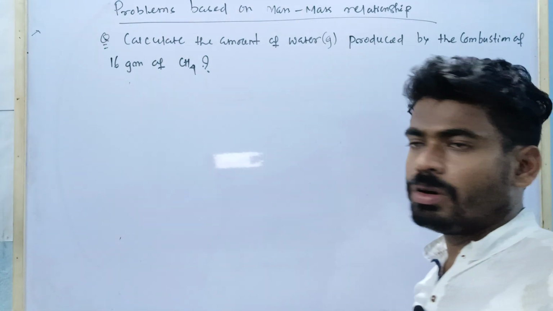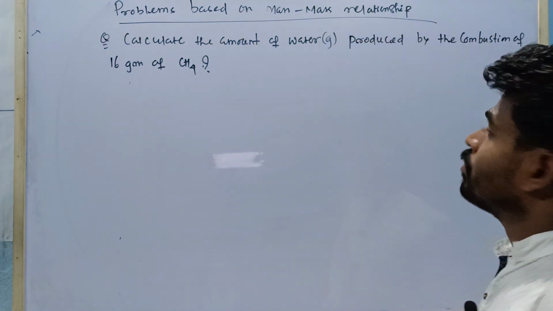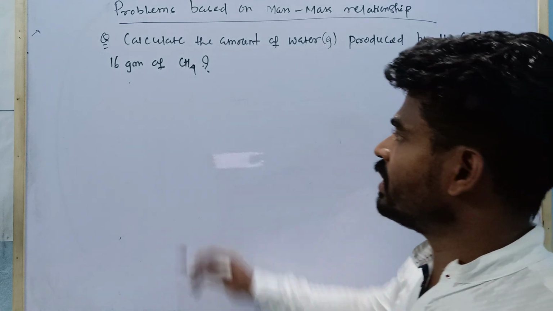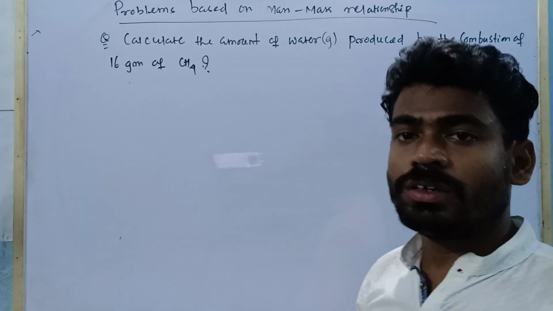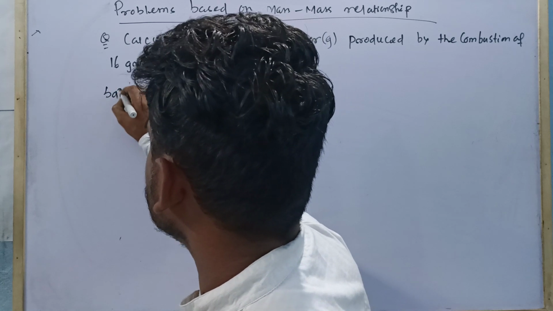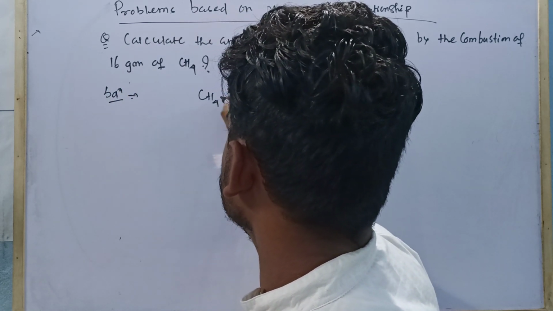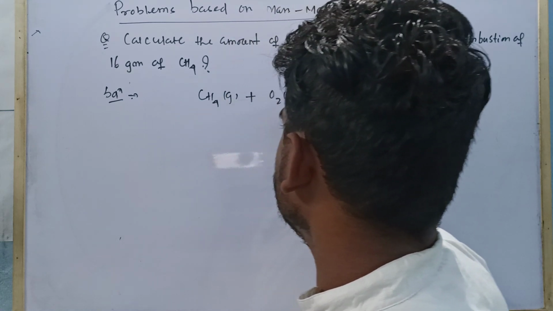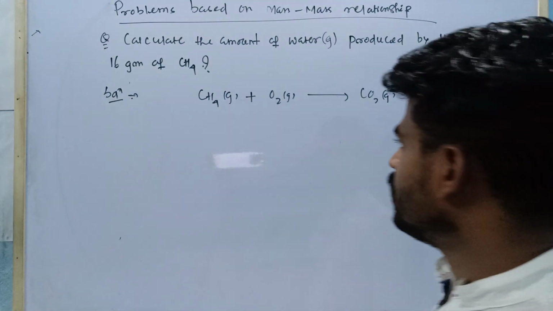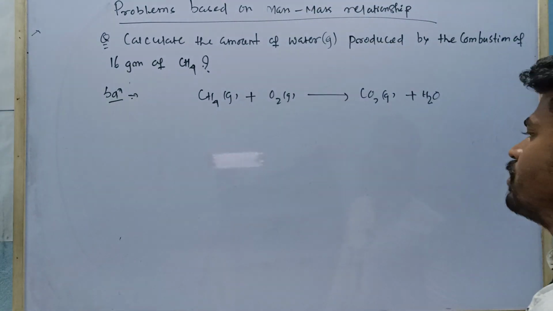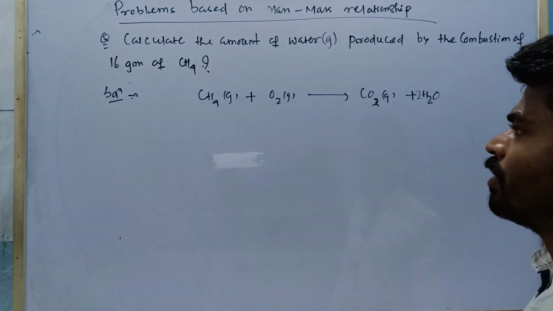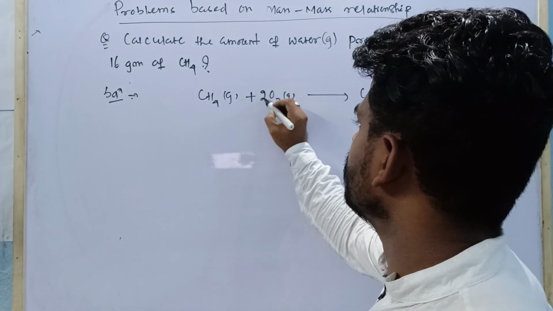So if 16 gram of methane is burned, how much water is formed? First we have to set up the chemical reaction correctly. Methane is a hydrocarbon, and the combustion of a hydrocarbon gives you carbon dioxide and water. So CH4 with oxygen gives carbon dioxide plus H2O. Is this equation balanced? No. Hydrogen is 4, so multiply H2O by 2. Oxygen is 2 to 4, so multiply O2 by 2.